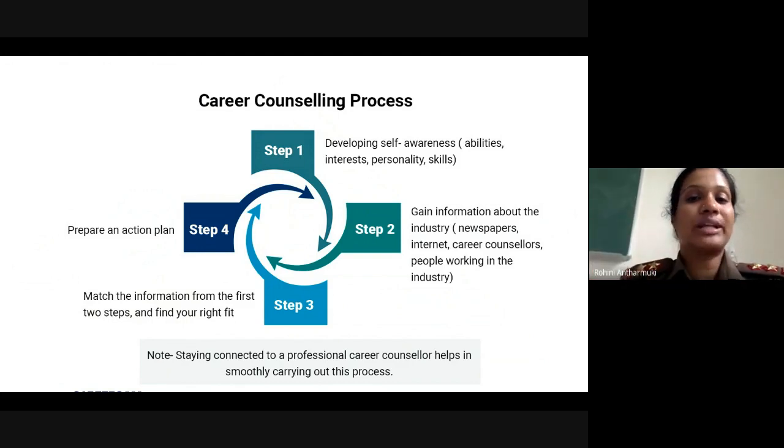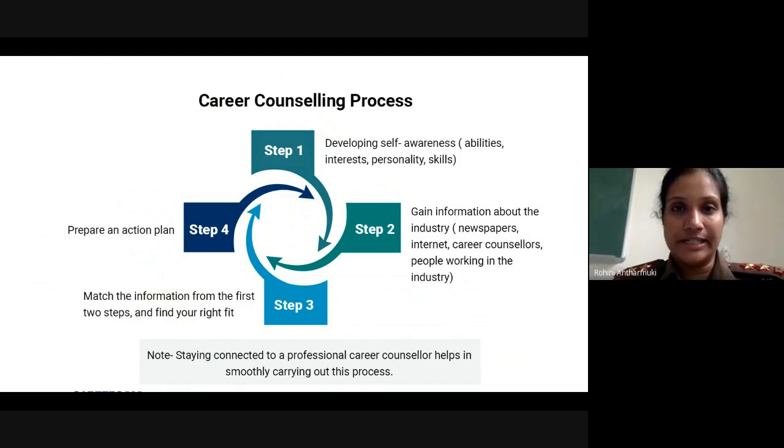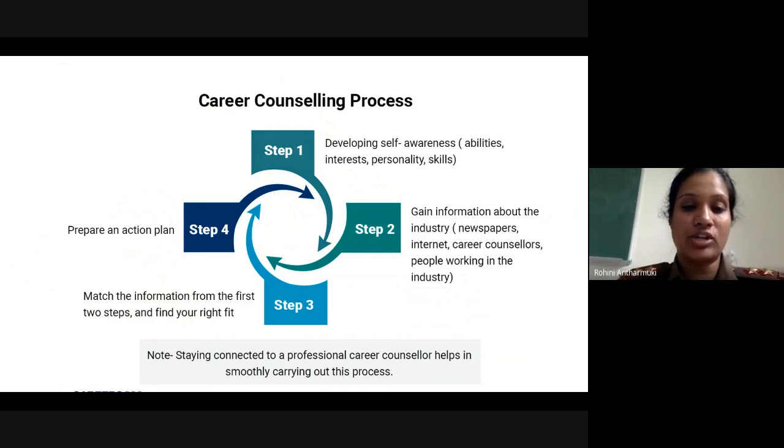These kind of counseling would not help students. So you have to be an expert in all of those fields, right? So you have to know what exact kind of counseling they require, which category they fall into, and then guide them onto that. Next, staying connected, match the information from the first two steps and find your right fit.